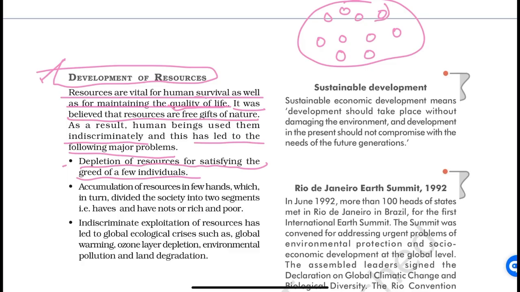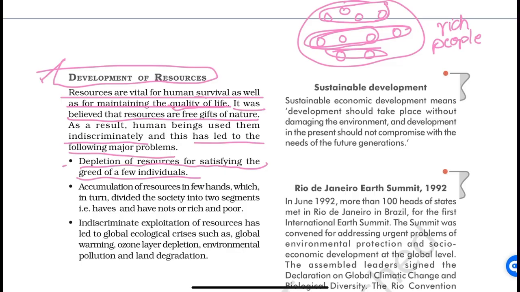Four of them are poor, four are middle class, and the remaining two are very rich.